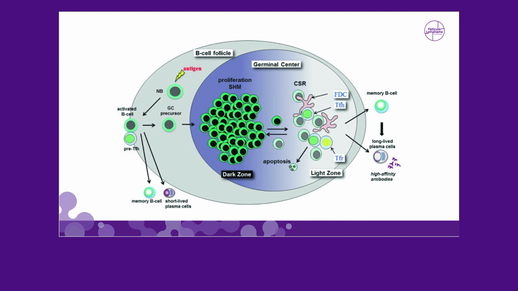One is the follicular dendritic cells that have processes that present complexes of immunoglobulins, complement, and antigen, and the T follicular helper cell, a subtype of CD4 T cells. Both these cells, by interaction with the B cell, provide signals for differentiation and for another process, which is the class switch recombination.